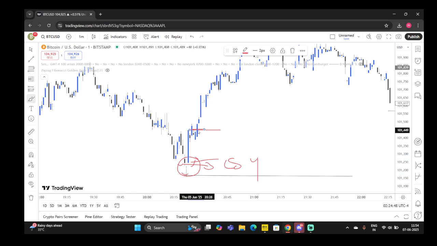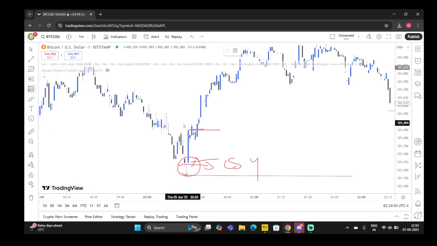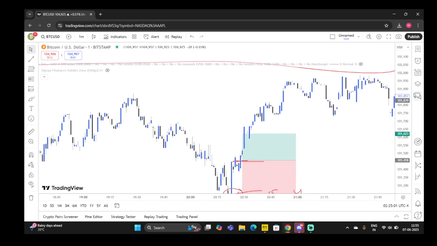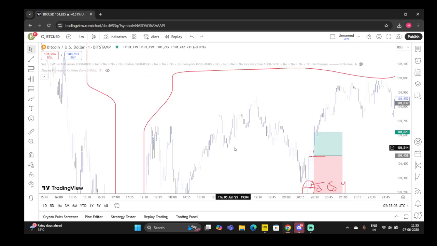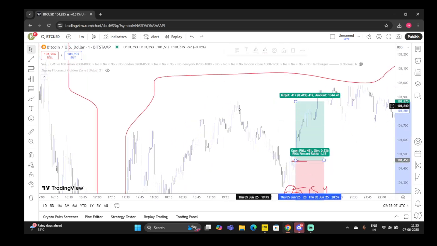And the moment the market goes above this, you can take an entry over here. And your stop loss is below this one. And your target will be this liquidity.